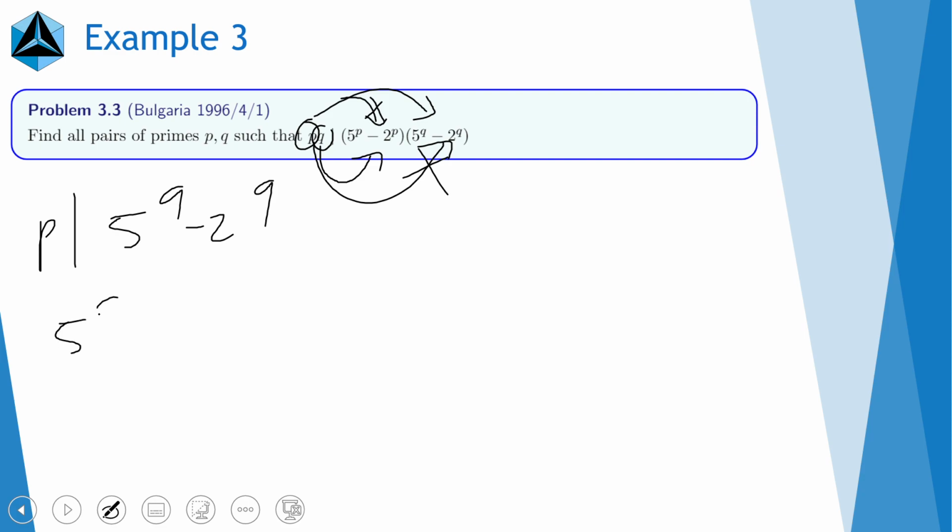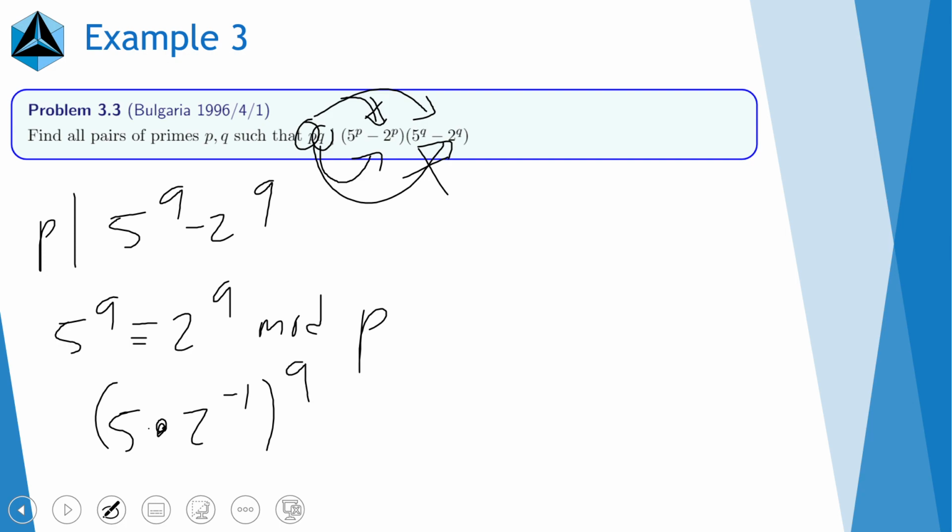This gives us that 5 to the q is congruent to 2 to the q mod p. And then dividing by 2 to the q on both sides gives us that 5 times the inverse of 2 mod p, all to the q power, is congruent to 1 mod p.